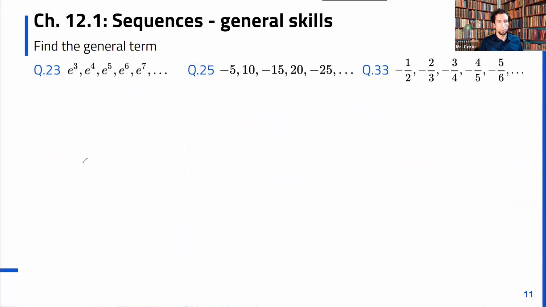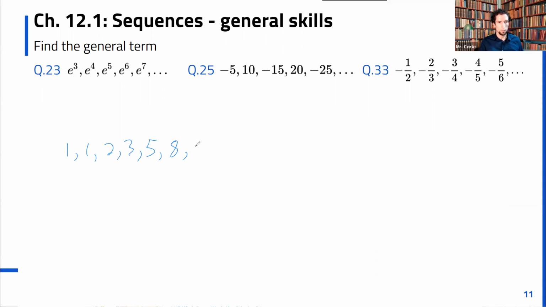So let's just try something here. This one. Sequences can be built on all kinds of rules. There's lots of flexibility to them.